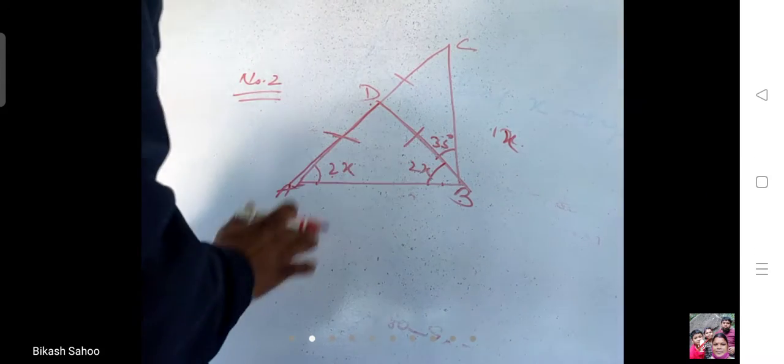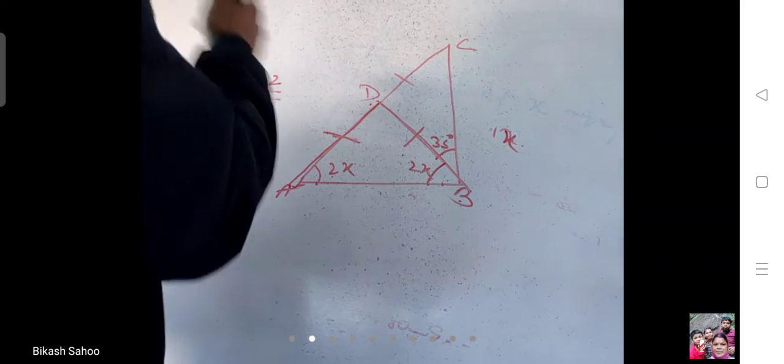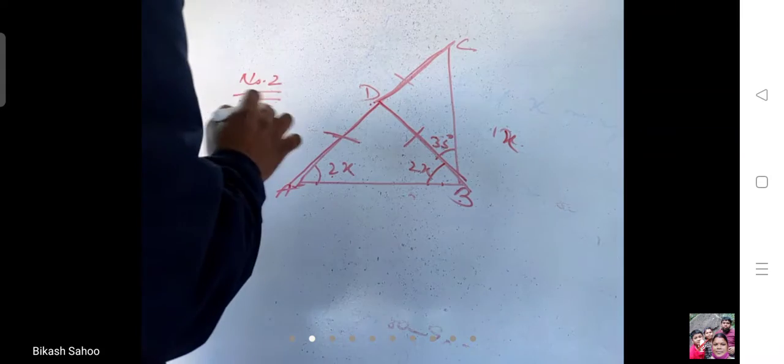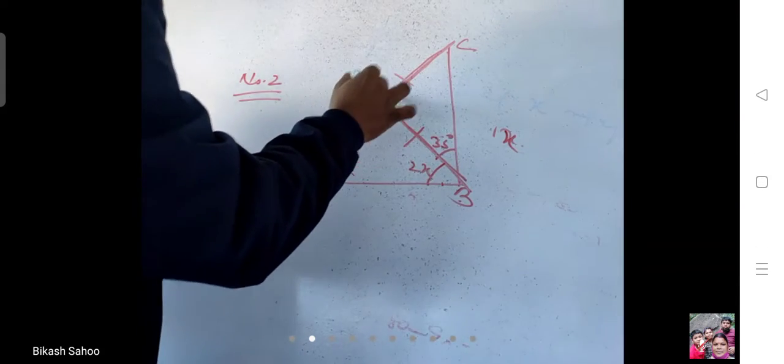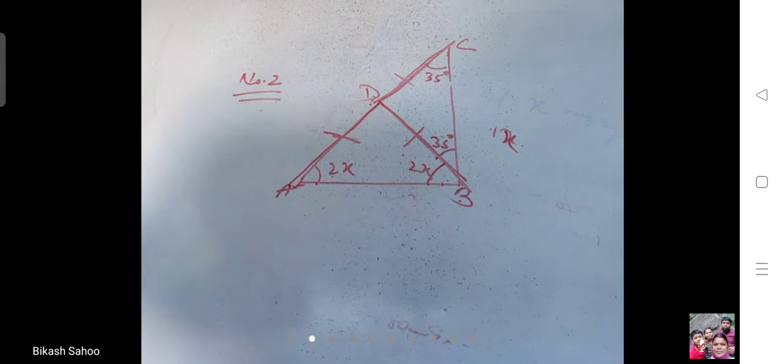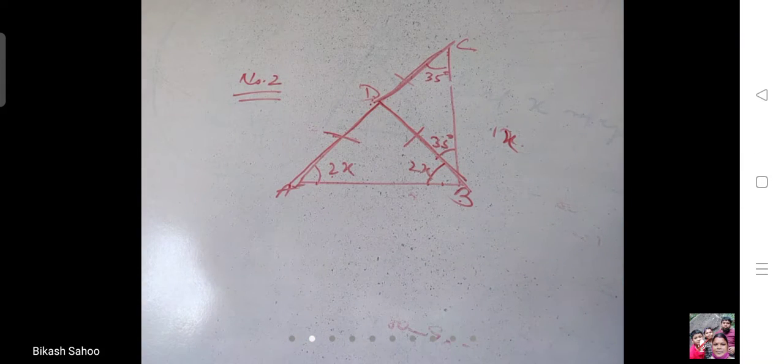So this angle is 2x. Then as BD side is equal to CD side, that means the DBC angle is equal to DCB angle. So this angle is also 35 degree. Yes or no?